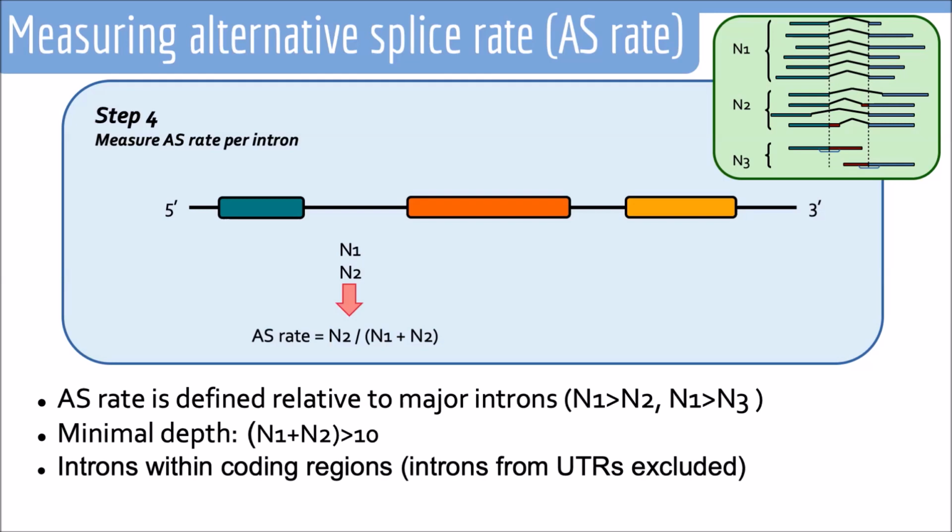And to measure the rate of alternative splicing, we only measured it for introns that are covered by at least 10 spliced reads. And we focused on introns that are located within coding regions. So we excluded introns from UTRs or from long non-coding RNAs.